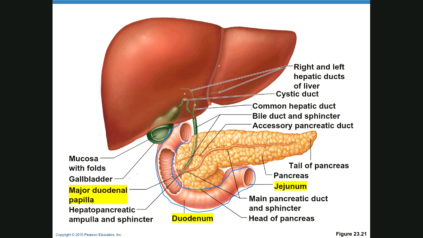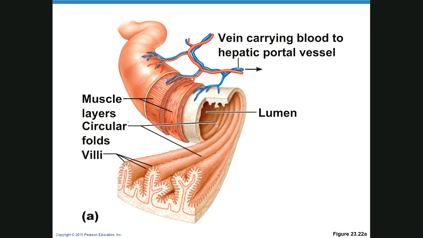Obviously, this part right here will be in contact with the stomach, but notice how close the duodenum is to the pancreas, which is the main organ secreting digestive enzymes, and to the liver, with the gallbladder, which is secreting bile. So there's definitely a close connection between bile secretion, digestive enzyme secretion, and the duodenum. And we'll talk more about this in just a second.